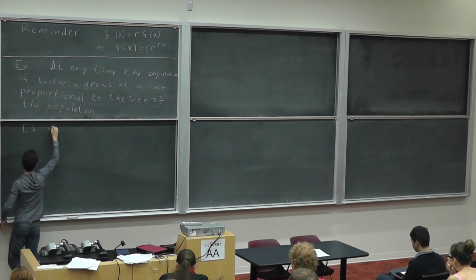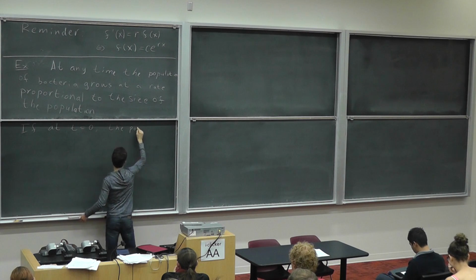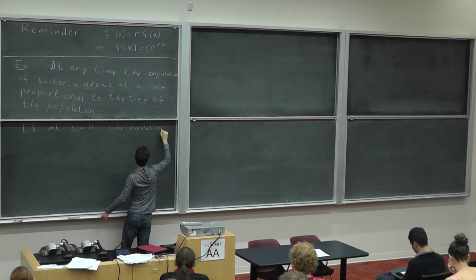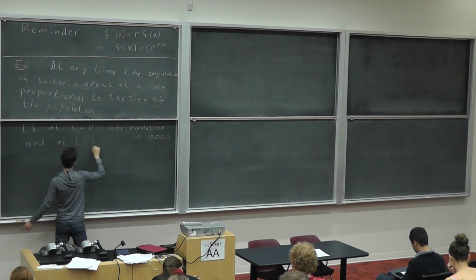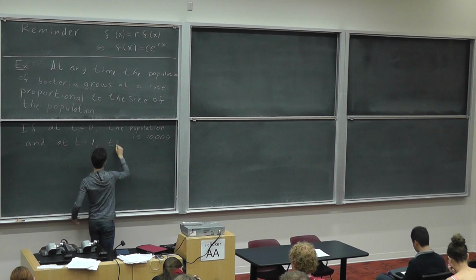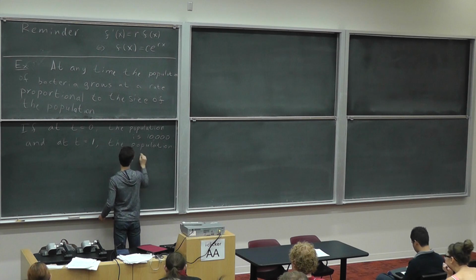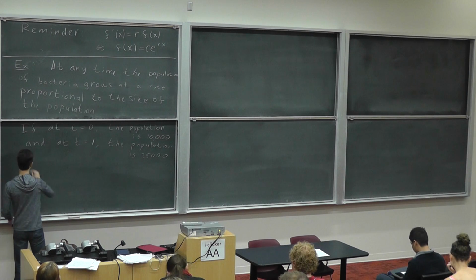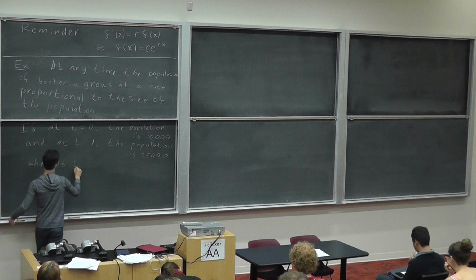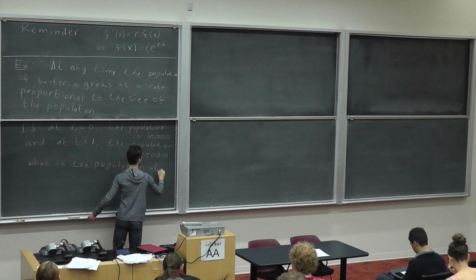If at time t equal to 0, the population is 10,000 and, to make it really simple, at t equal to 1, the population is, let's say, 25,000. What is the population at time t?